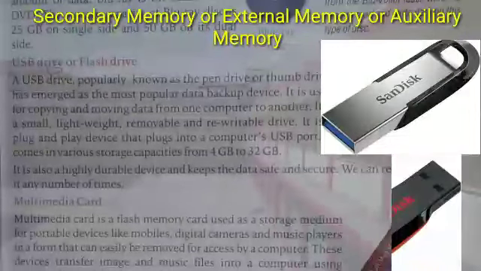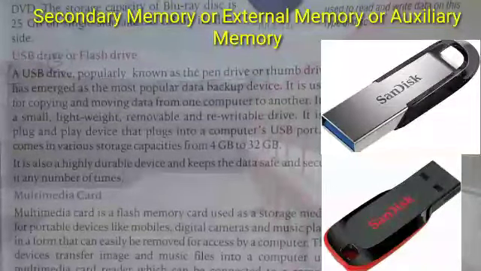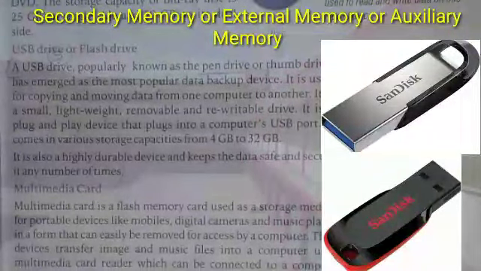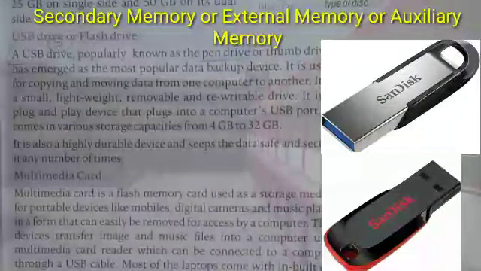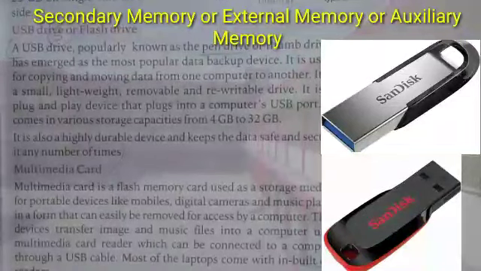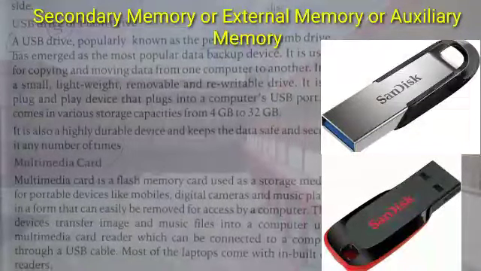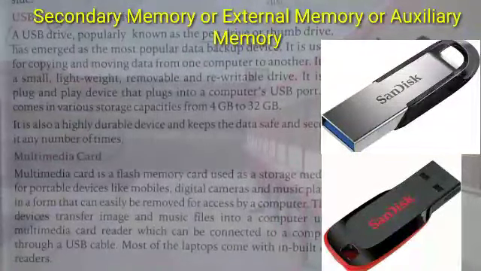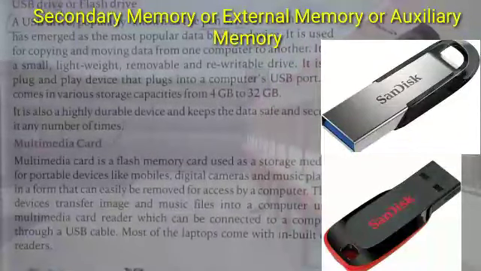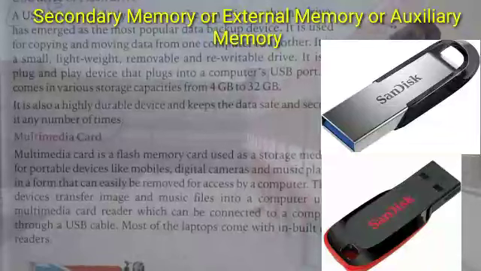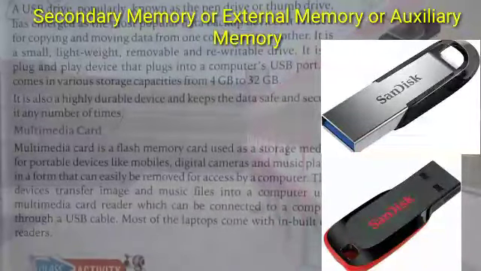USB drive or flash drive. A USB drive, popularly known as the pen drive or thumb drive, has emerged as the most popular data backup device. It is used for copying and moving data from one computer to another. It is a small, lightweight, removable and rewritable drive.